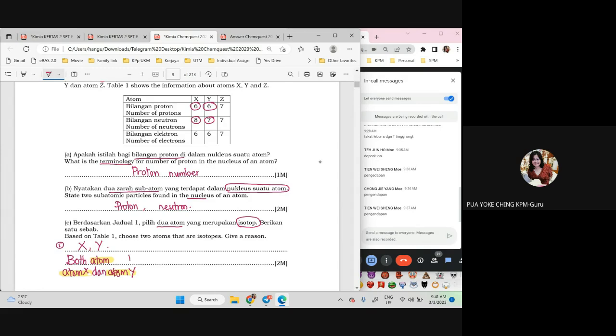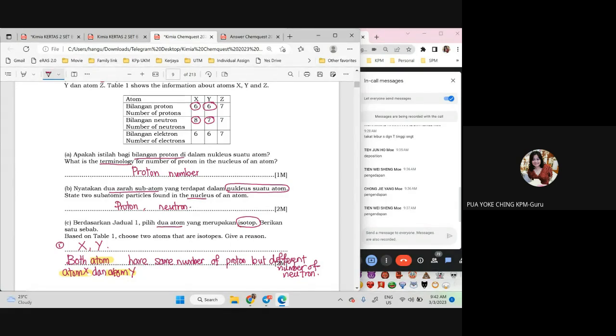Both atom have same number of proton but different number of neutron.